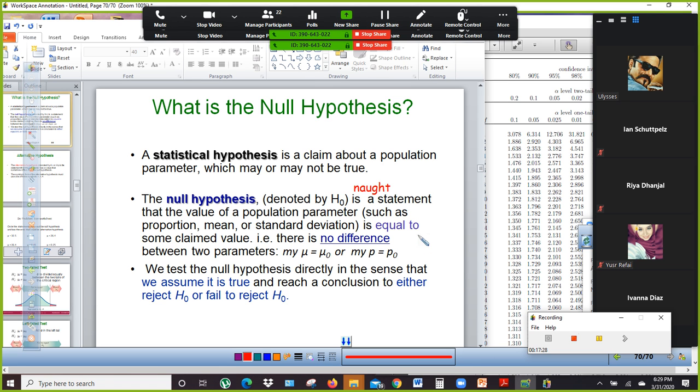In other words, my mean is the same as the world's mean, or my proportion of red cards is the same as the world's proportion of red cards. That's the null hypothesis. It's always that your mean or your proportion is the same as everybody else's. Then we test that null hypothesis, and either we reject it or we fail to reject it. We're trying to prove or disprove that they're equal.